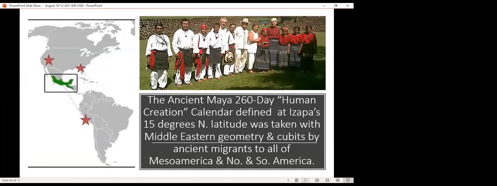The ancient Maya 260-day human creation calendar, defined at as often as 15 degrees north latitude, was taken with Middle Eastern geometry and measures by ancient migrants to all of Mesoamerica, North and South America. As this data continues to be scrutinized and studied, we're confident that it will contribute significantly to documenting ancient world history, migrations.